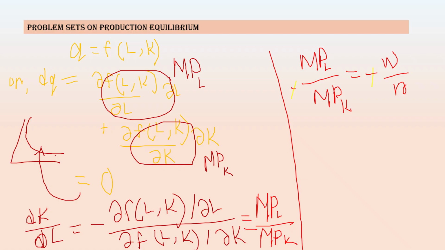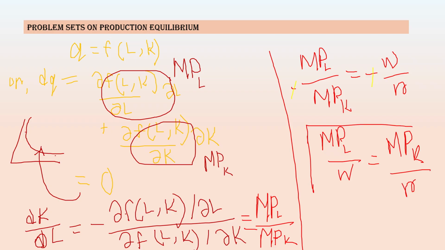So the equation that we get is MPL by W is equal to MPK by R. And this right here is our final equation.